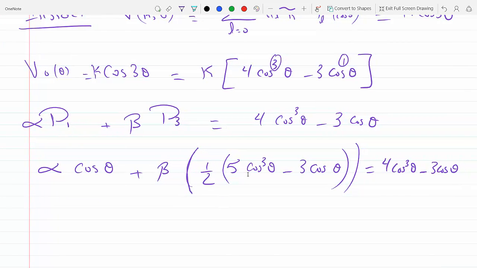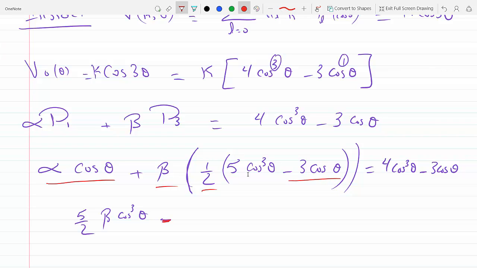Expanding the half and the beta, you get 5 halves beta cosine cube theta minus, I'm going to collect the terms that have cosine. This has cosine and this has cosine after I multiply by the half and the beta.